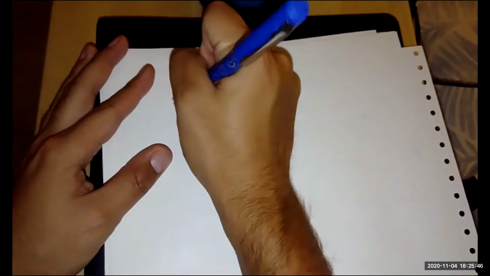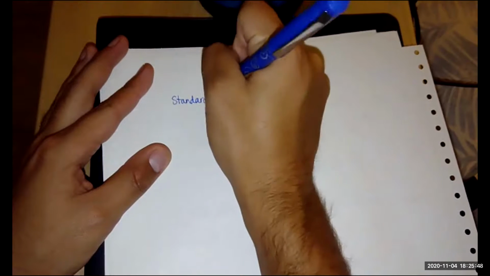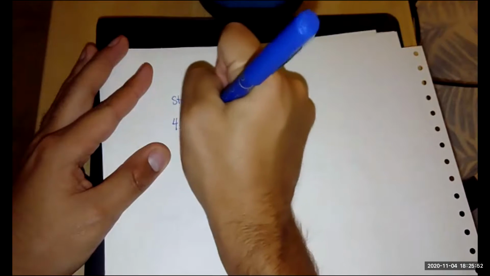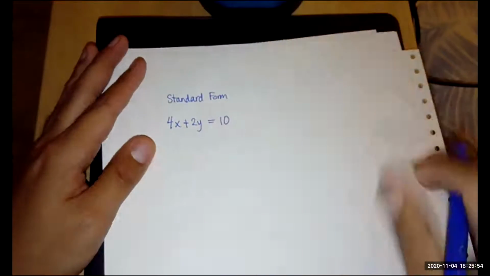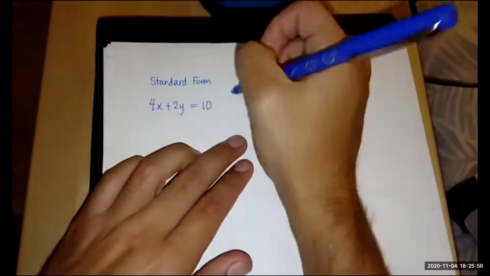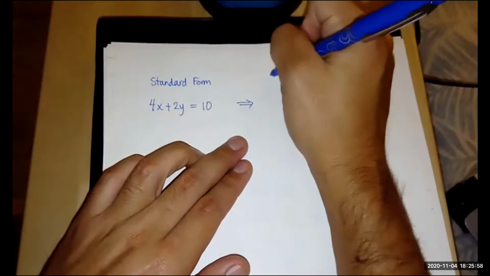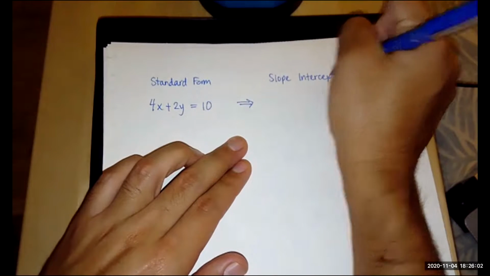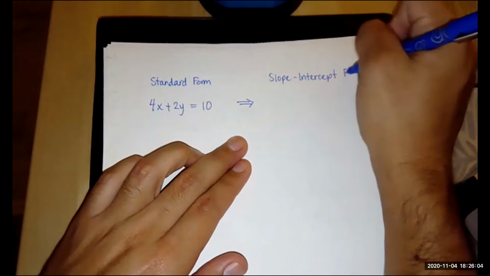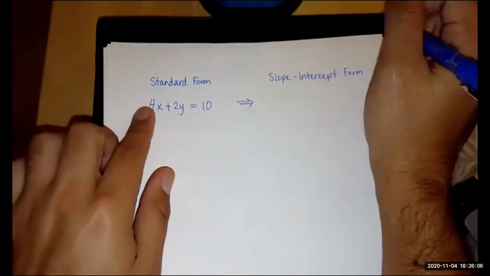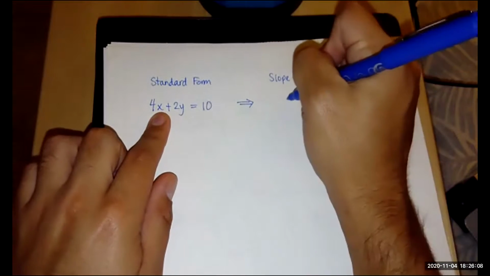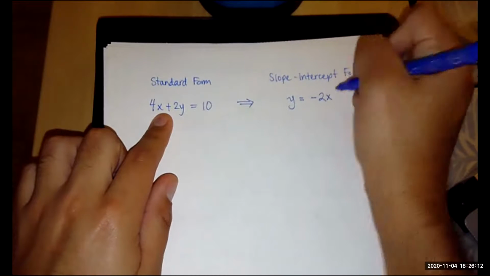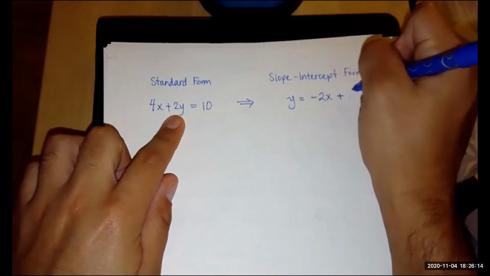So we were given a standard form, 4x plus 2y equals 10. And we've converted that to slope-intercept form, which is y equals, and we got negative 2x plus 5.